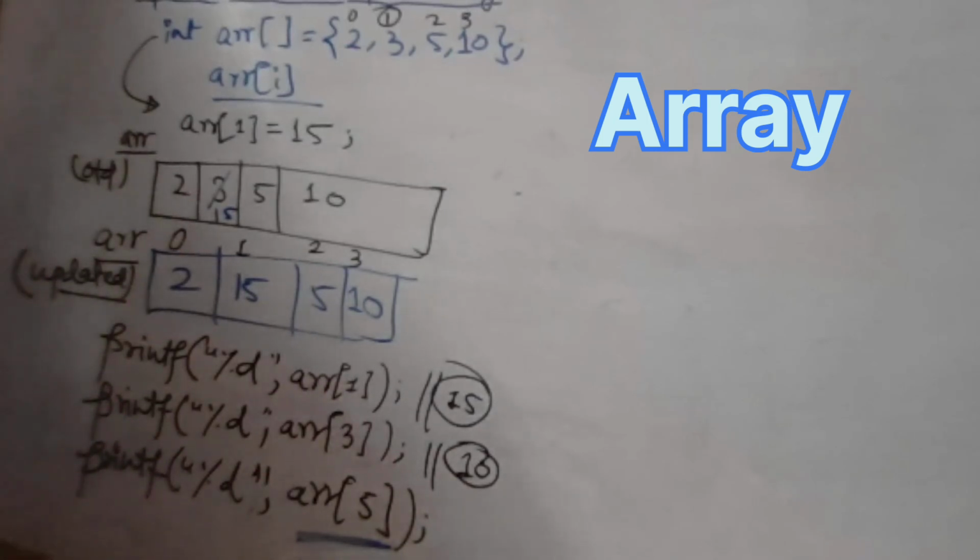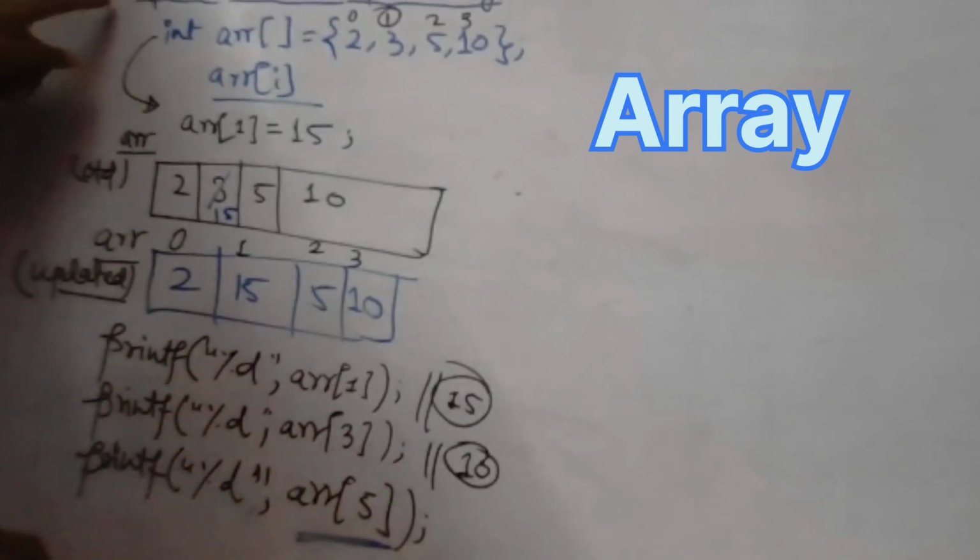In this video we have discussed the array part: what an array is, how we can define an array or initialize it with values, how we can access the values of the array through loops like for loop, while loop, and do while loop, and lastly how you can update the value of an array.